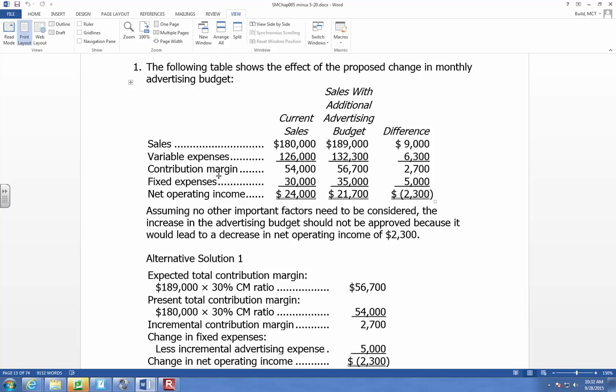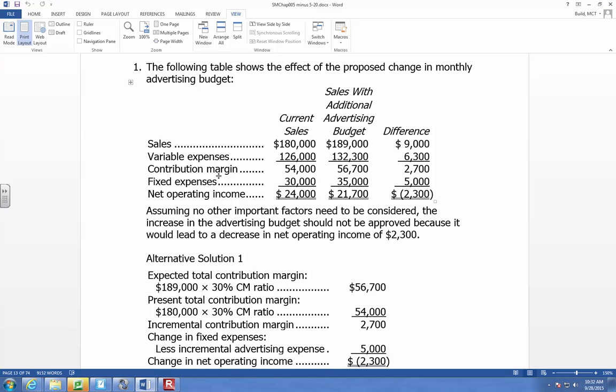Really? Variable expense behaves how? Somebody define it. Same per unit, that changes in total based on volume, right? So that advertising budget of another 5 grand a month, what is that? It's fixed. It doesn't matter about volume, right?